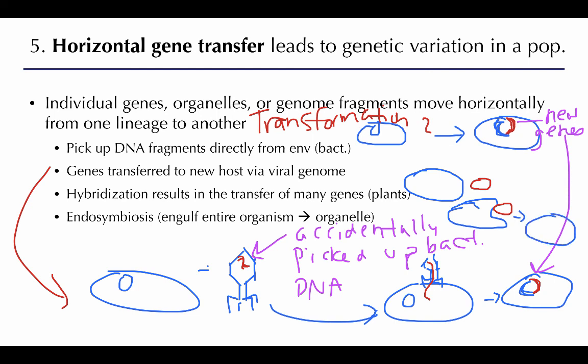But in this case, instead of digesting it like would be normal, every once in a while in evolutionary history, the smaller organism, which would be a bacterium, didn't get digested, and so then it ends up becoming an organelle inside of the other organism. So it's like a cell living in a cell initially, and then it loses its own function individually. And occasionally you'll actually see some of those genes that came in with the other smaller organism being transferred into the genome of the parent cell organism, but it just brings more variation into the population as well.